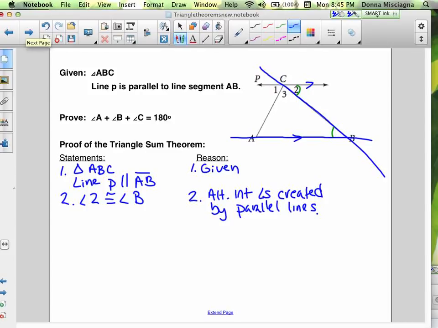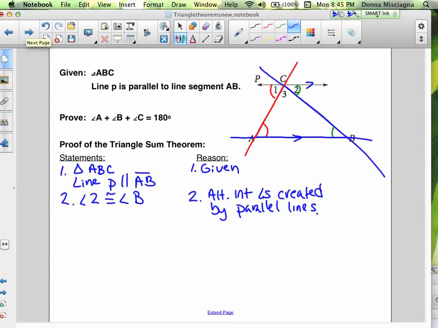Right? Well, what else can I say? Well, that's not the only transversal we have. What if we extend this one here? I think I have some other angles that might be congruent. Angles that are on the opposite side of that transversal, between those two lines. Right? Those would also be alternate interior angles. And you know what? Let's just make that one step.